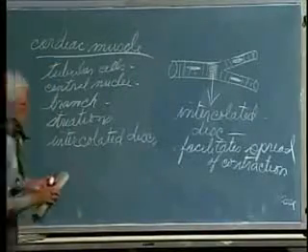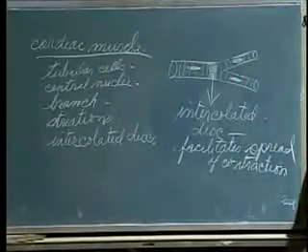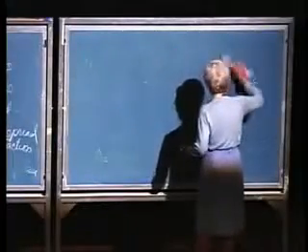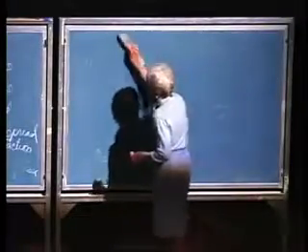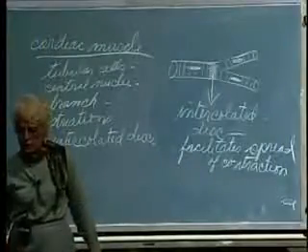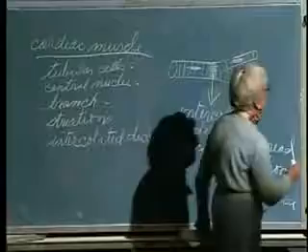Now, we move on to skeletal muscle. How many times does your cardiac muscle have to beat every minute that you're sitting there? About 72 times per minute, right? Cardiac muscle is contracting.